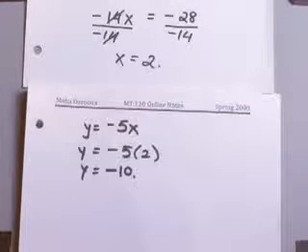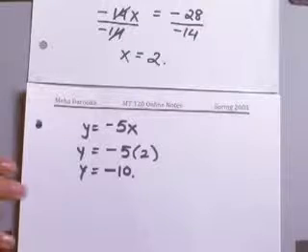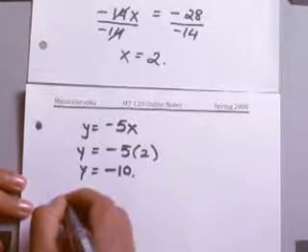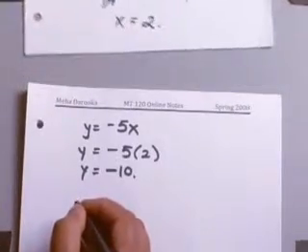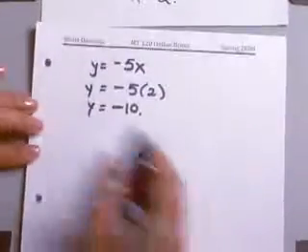Once we find the solution, we want to check our answers and make sure that it works for both our equations, just like we did when we were graphing. So I will take my first equation, x plus 3y equals negative 28.